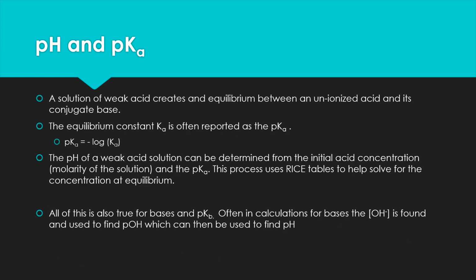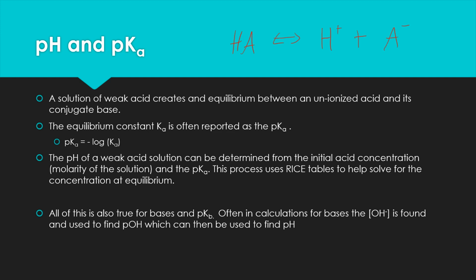So let's talk about what pKa is in its relation to pH. A solution of weak acid creates an equilibrium, as we saw on our last slide, between an unionized acid and its conjugate base. So we have, again, that weak acid creating an equilibrium. We get the hydrogen ion in small amounts, and then we get that conjugate base as well.